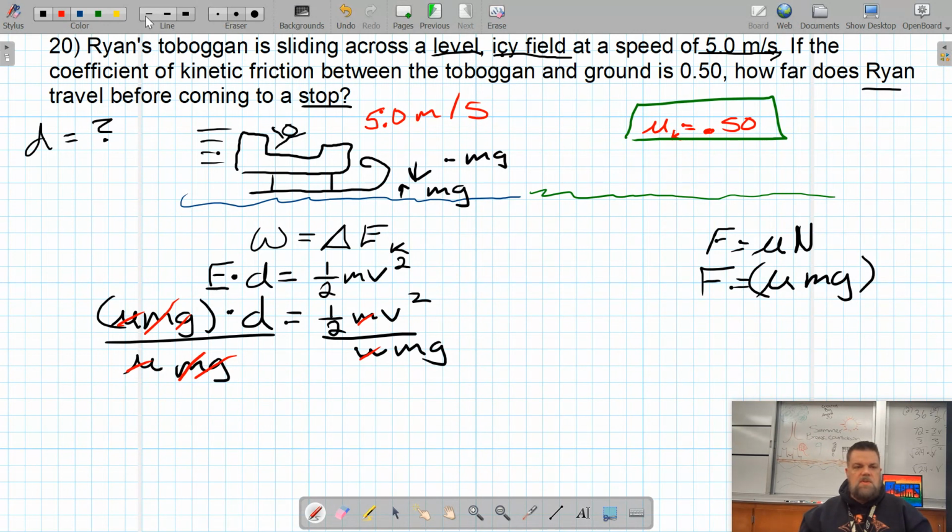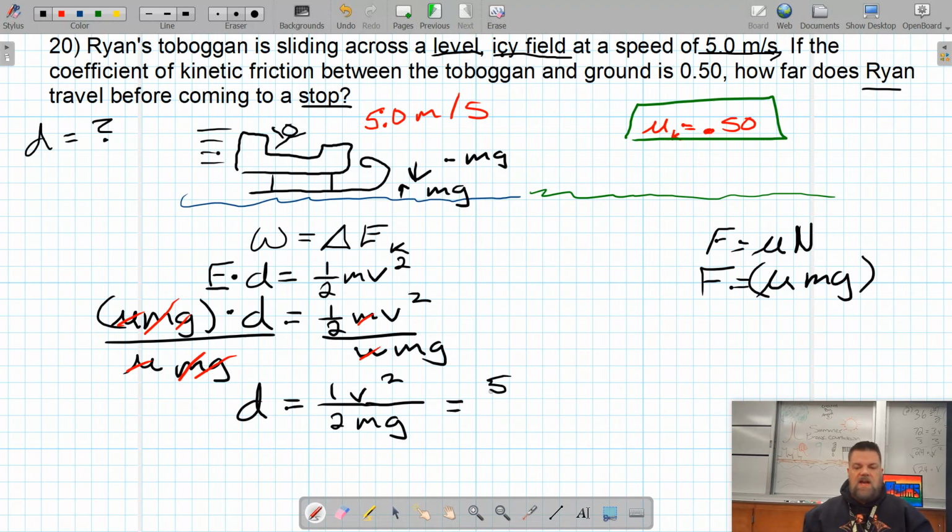So I get this formula where the distance is equal to 1 over 2 v squared times the mass of the object times the acceleration due to gravity. Well, we know all those numbers, so we just plug them in.